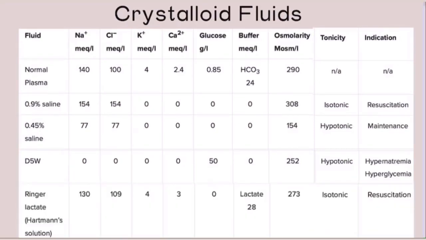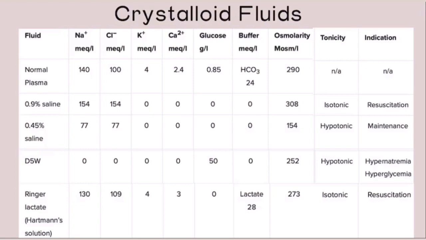We have our final fluid, the lactated Ringer solution, also known as Hartmann solution: 130 milliequivalents per liter of sodium, 109 milliequivalents per liter of chloride, 4 of potassium, and 3 of calcium. There is no glucose.